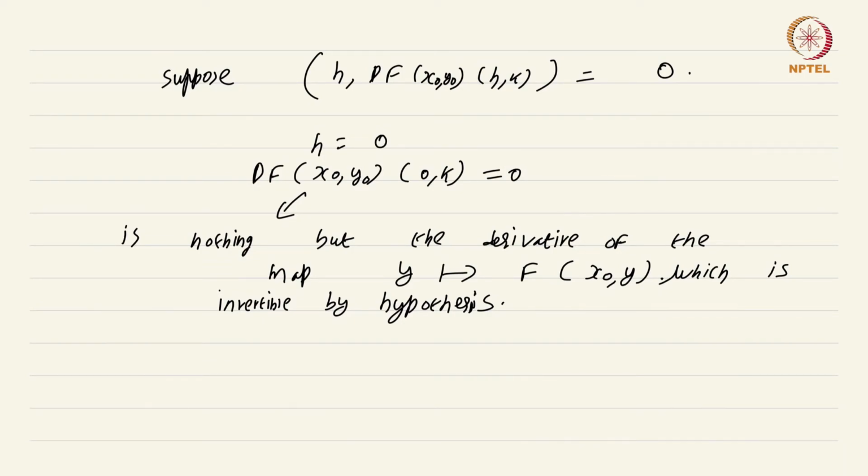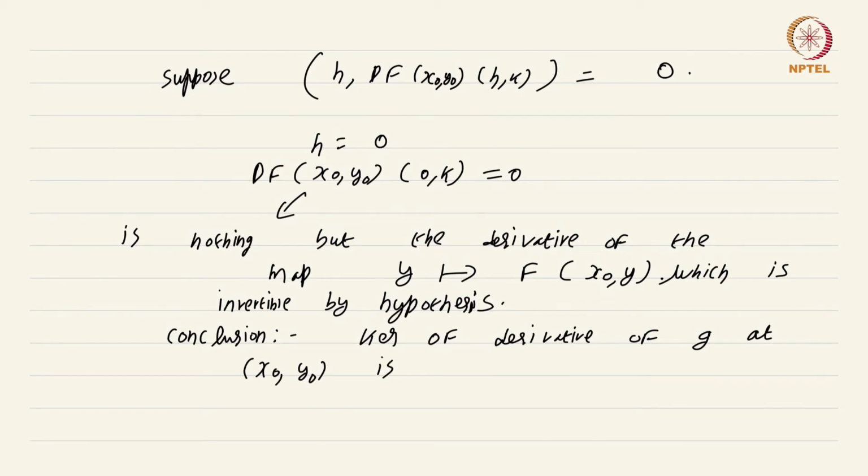Now the conclusion is that the kernel of the derivative of G at x0 y0 is just 0. And by basic linear algebra, this means that dg x0 y0 is invertible. It's non-singular.